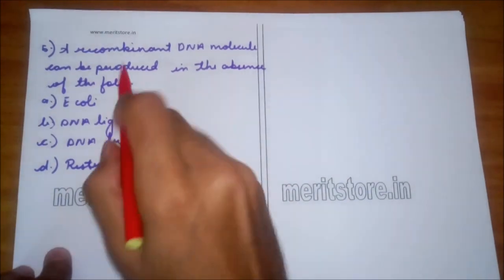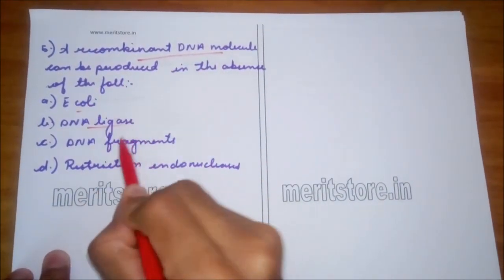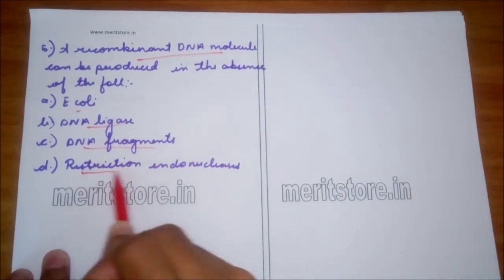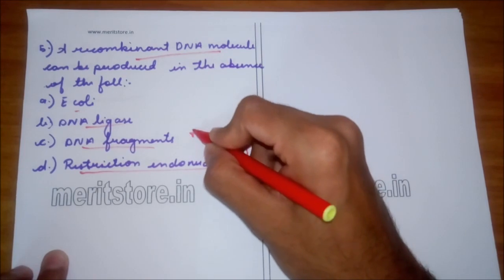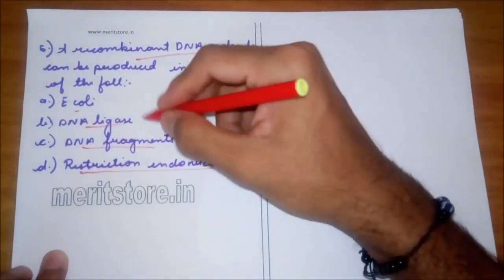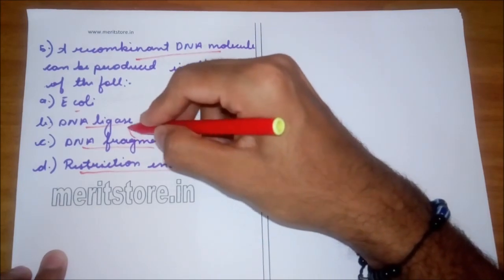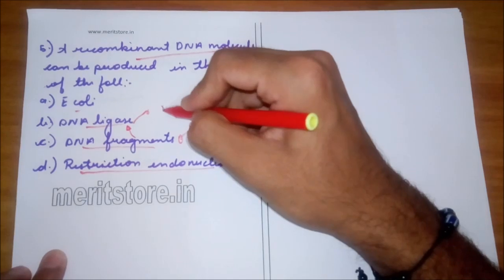Question number 5. A recombinant DNA molecule can be produced in the absence of the following: A, E. coli; B, DNA ligase; C, DNA fragments; and D, restriction endonuclease. Restriction endonuclease acts on DNA to form DNA fragments, and these DNA fragments are then acted upon by DNA ligase to form a DNA molecule.